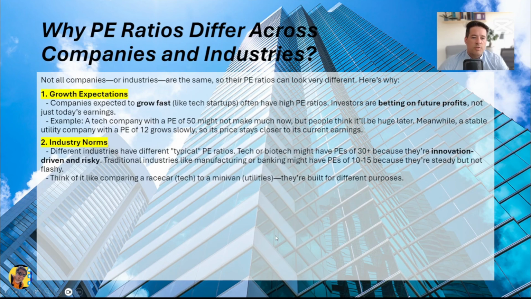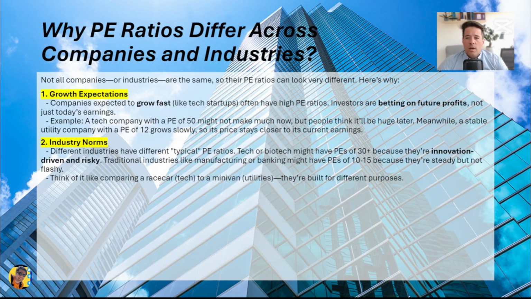Another thing is industry norms. Certain companies and industries are just very innovative and also risky. If you do a lot of research and innovation, you need to invest in that. It's not a given that you will get a profitable business out of that, or that you deliver a product that is in high demand.